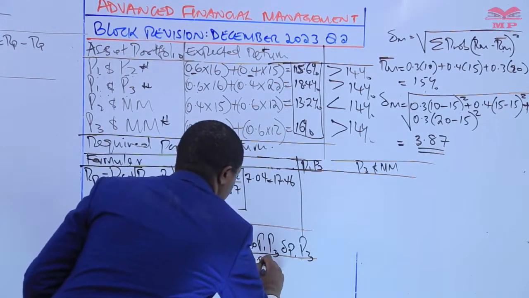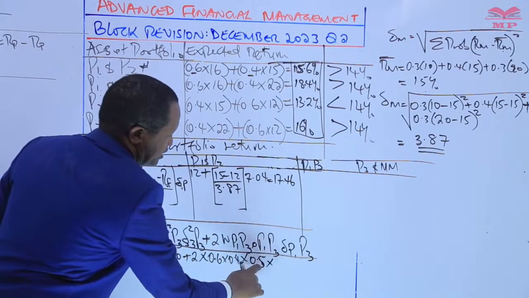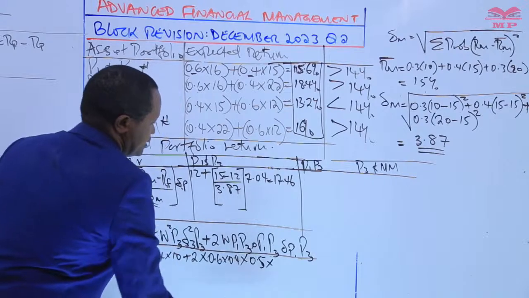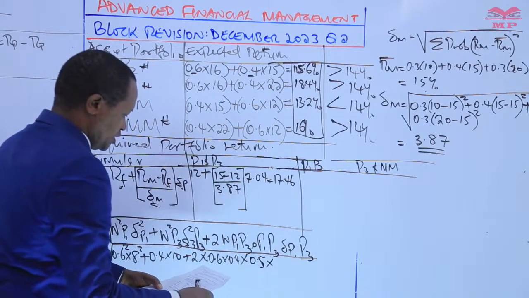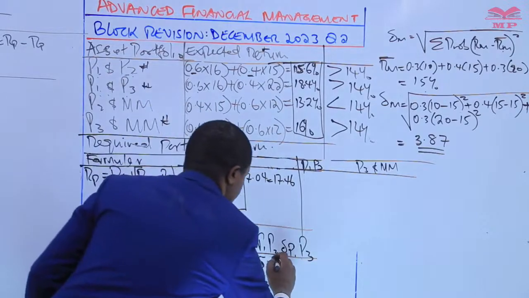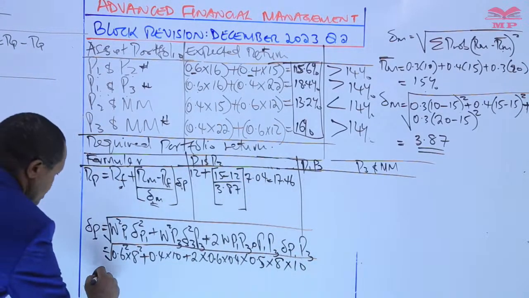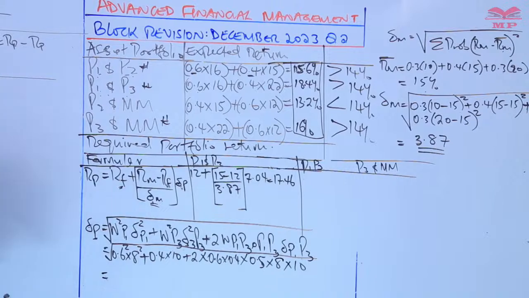Then times the standard deviations of P1 and P3. That is 8 times 10. That is going to give us the amount that we require there.